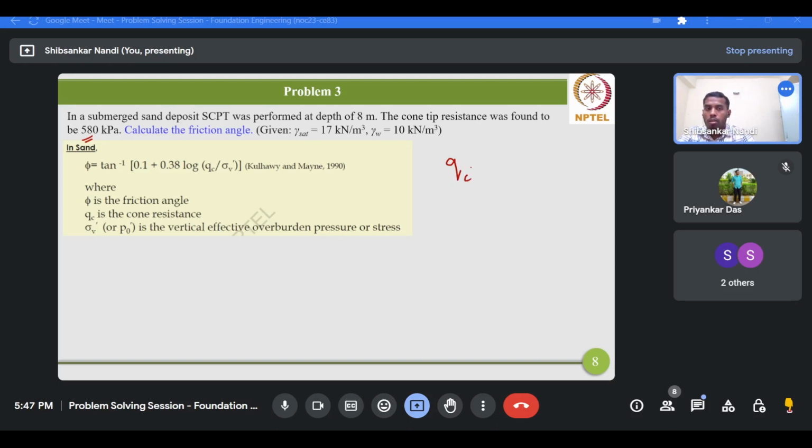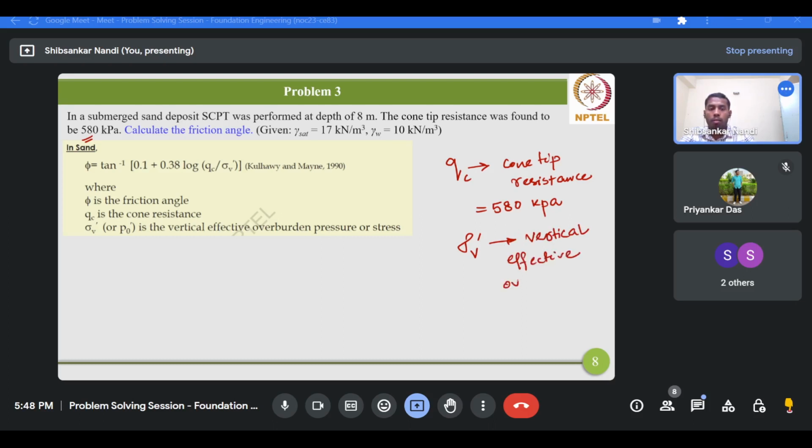So you just need to know qc, which is the cone tip resistance, and this is 580 kPa for this problem. And secondly, you need to know the vertical effective overburden pressure at that depth.